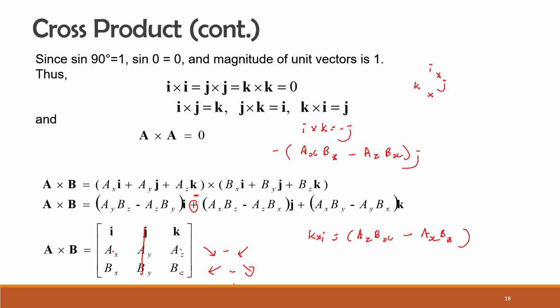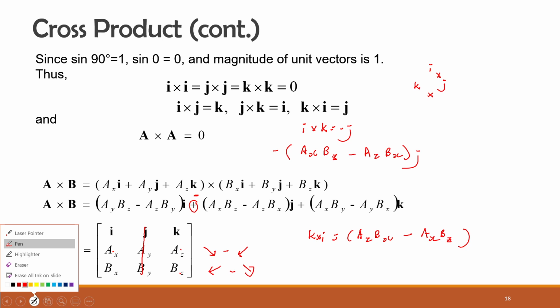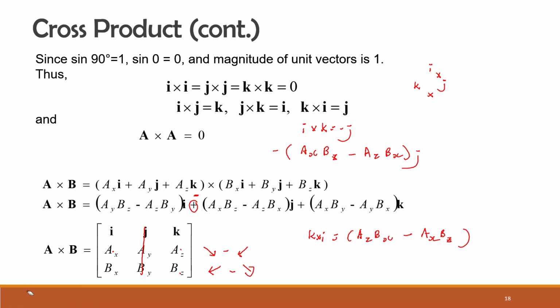So component J, be careful. If you take I cross K, it is negative J. So is it okay for component J? So far okay, Doctor.